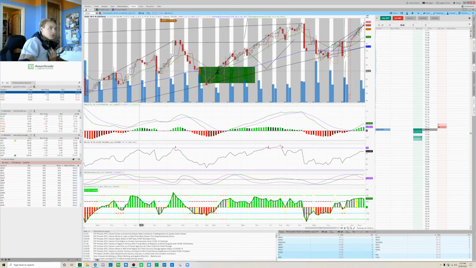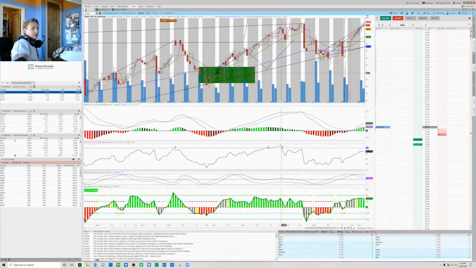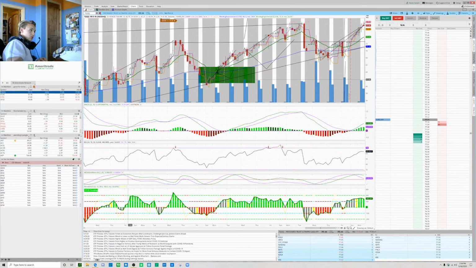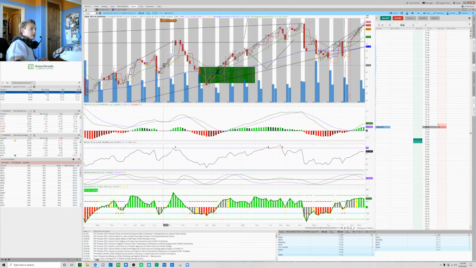And then there's also the 15 EMA, the exponential moving average. Now this is a good indicator for direction. It's basically a confirmation. So look, if you bought right above here, it would have been 5% by the time the market closes.